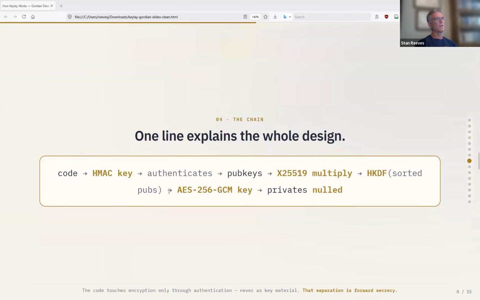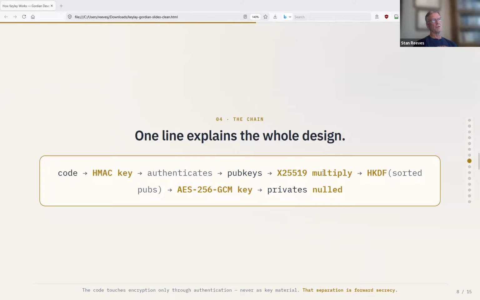All right. So basically, you can kind of see the process here. You start with the code. From there, you generate an HMAC key. That key authenticates the communication, specifically of the public keys that correspond to each participant's private key.